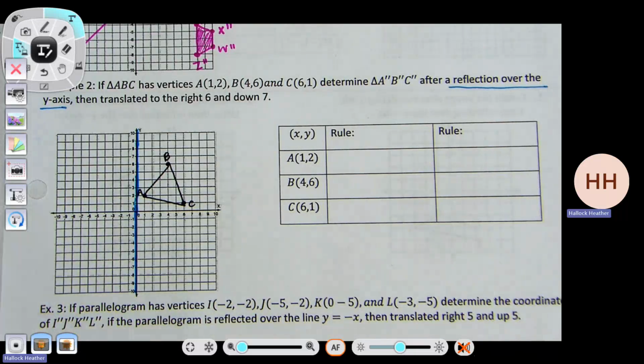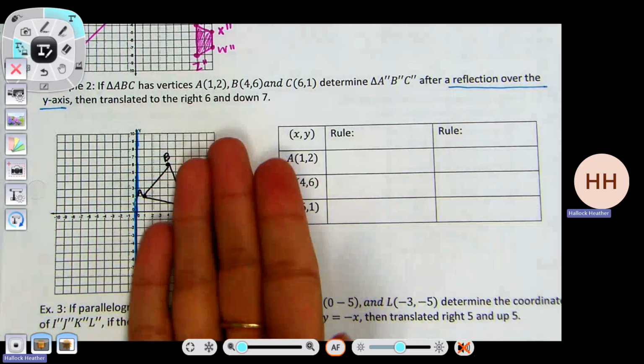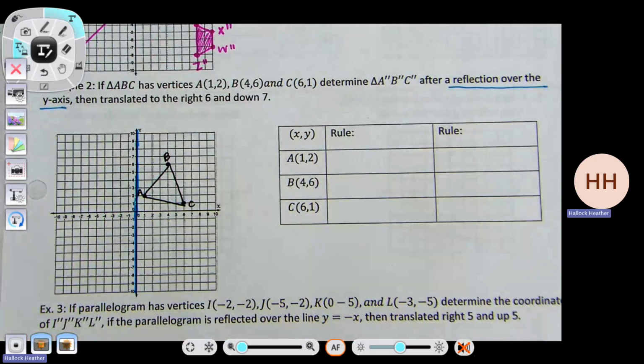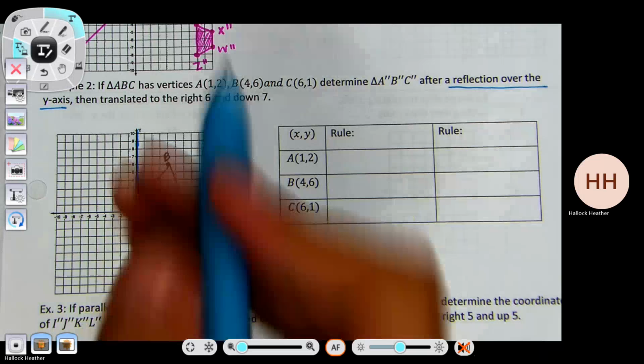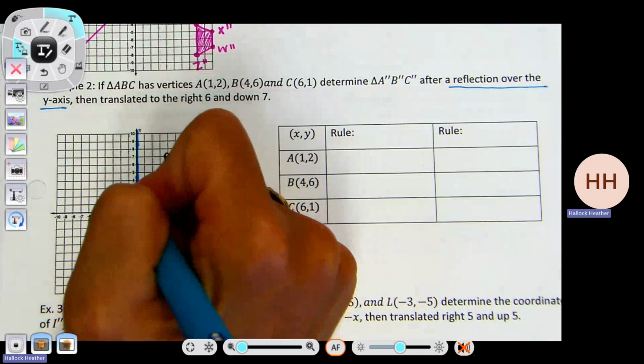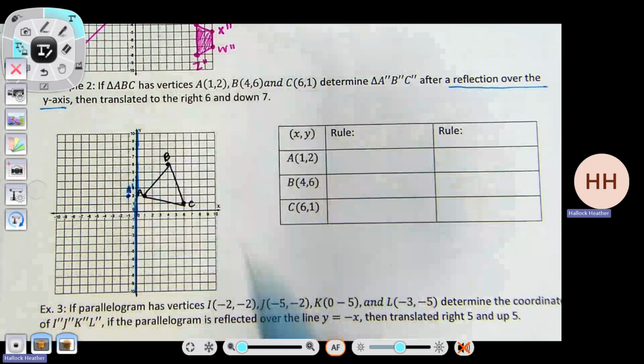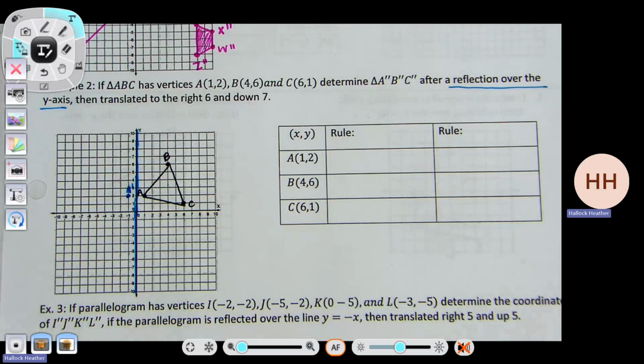This is where we just count from the left to the right because we're matching it from this side to this side. So it's flipping over here. So how many is A to the right? 1. So now you're going 1 to the left. So you don't need to remember the rule for this one. You can just use the graph to match it on the other side.